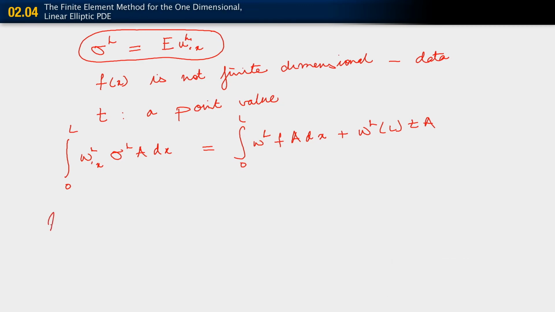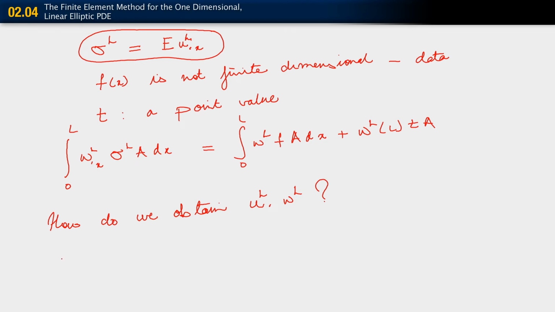All right, so we can write out this finite dimensional or Galerkin weak form if we say how we obtain our finite dimensional functions. Okay, so that's really the question. How do we obtain UH and WH, right?